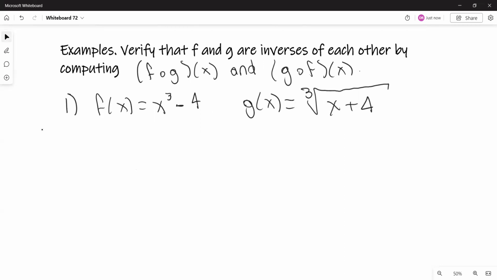Okay, so we're going to find the composition of f and g. So that is f of g of x, and g of x is the cube root of x plus 4.